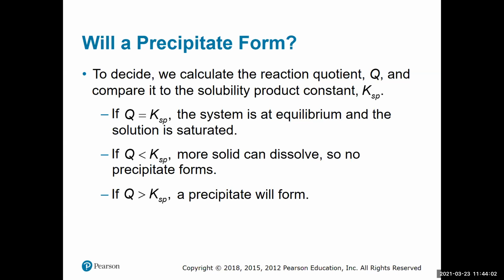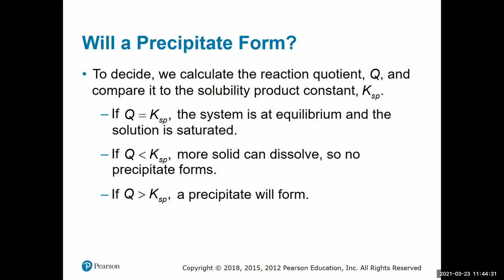You also can use that same calculation in the context of KSPs to see if the system's in equilibrium, to see if you can put more solids in, or see if a precipitation is going to occur. If you calculate it and Q equals the solubility constant, the KSP value, then you're at equilibrium and the solution is saturated.